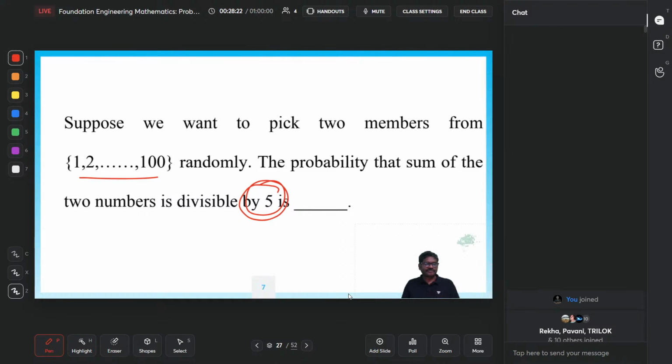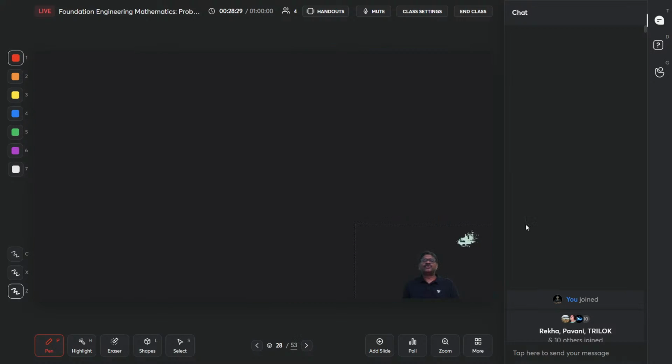Observe here. If you select two numbers from 1 to 100, those numbers could be in the form of 5q, that is 5, 10, 15 like that, or 5q minus 1, 5q plus 1, or 5q minus 2, or 5q plus 2.